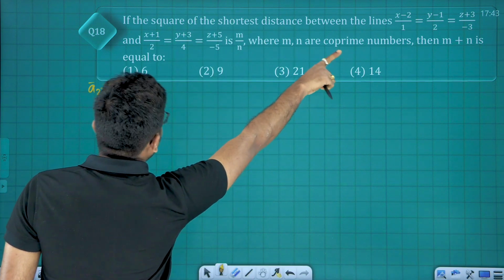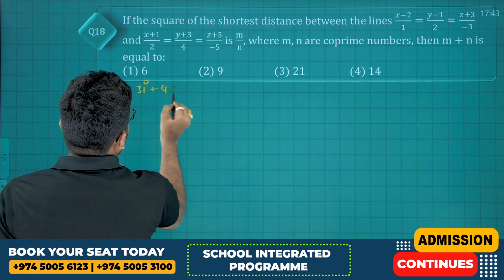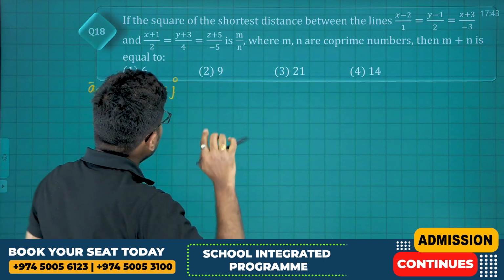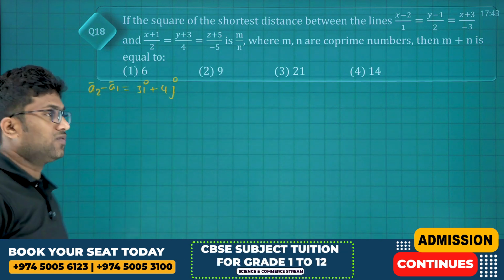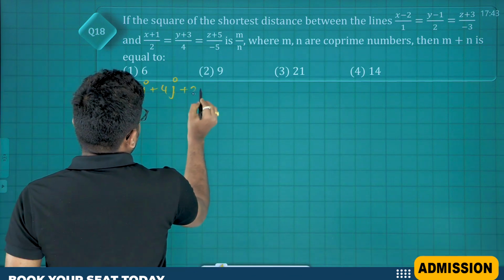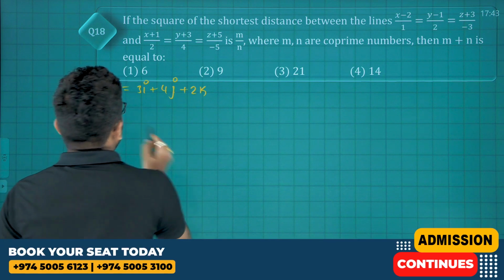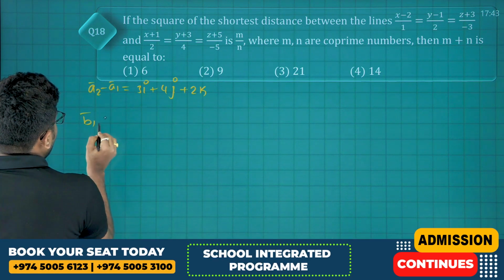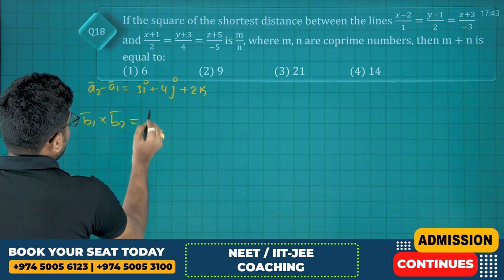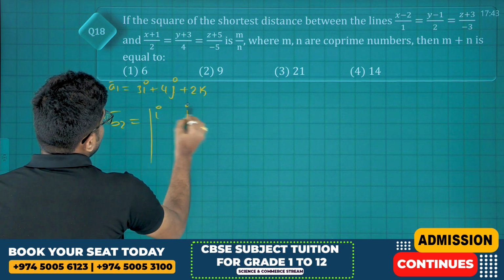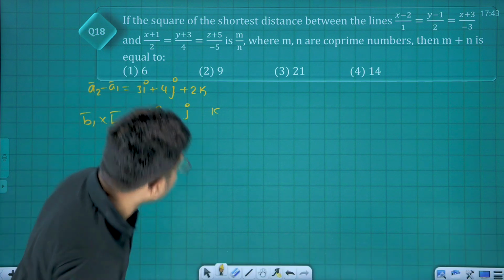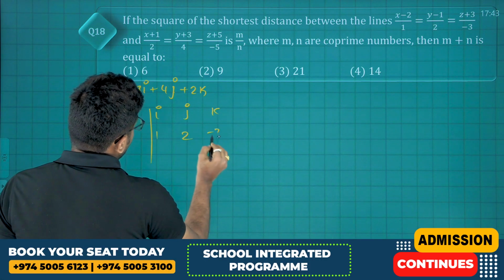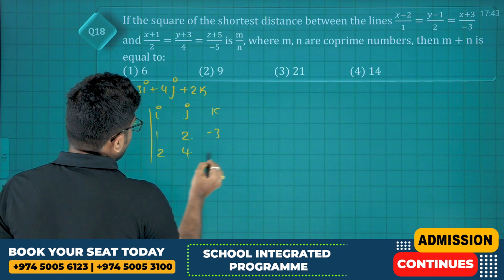Next, 1, 4j. Next, minus 3 minus of minus 5 plus 2k. Okay. I'll find b1 bar cross b2 bar. ijk, 1 2 minus 3, 2 4 minus 5.